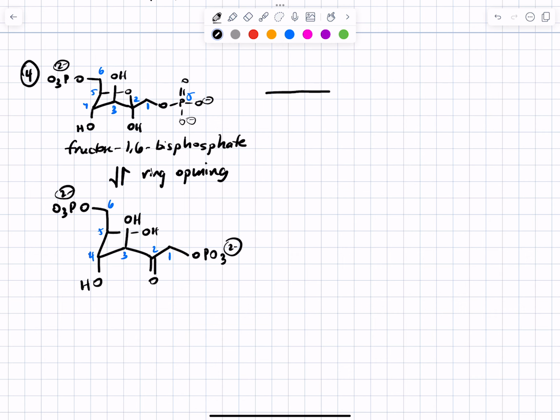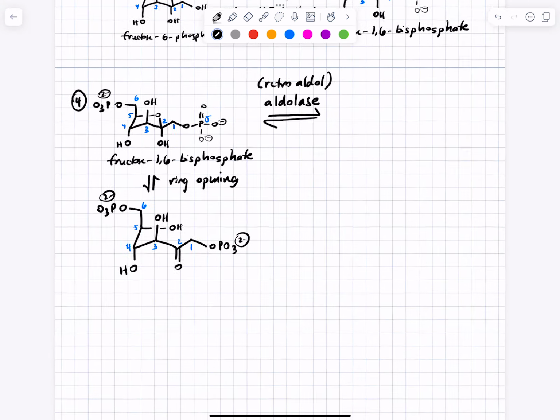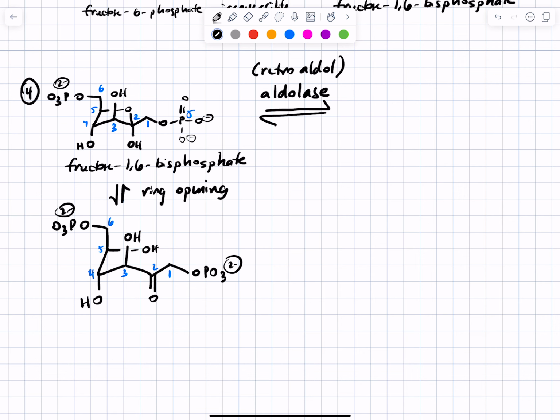Now, this reaction is totally reversible. The enzyme that catalyzes it is called aldolase. But in the forward reaction, it's going to do a retroaldol reaction. So, remember what an aldol reaction is? That was the distant past. If you don't, that's probably a good thing to review.